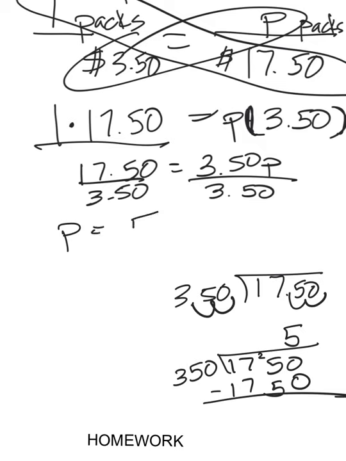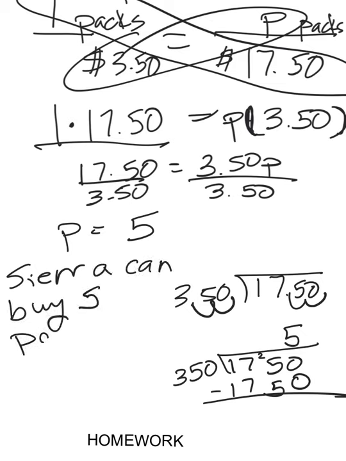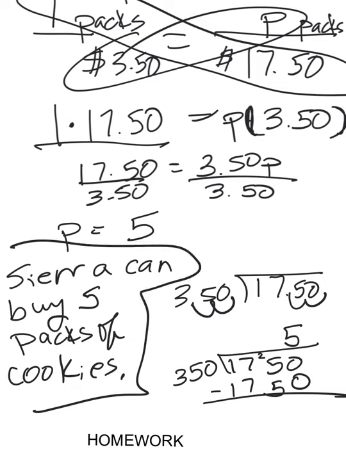P equals 5. Does that make sense? Yes. So then you write your sentence. Sierra can buy 5 packs of cookies. That's what they're asking me for, so that's what I will answer.